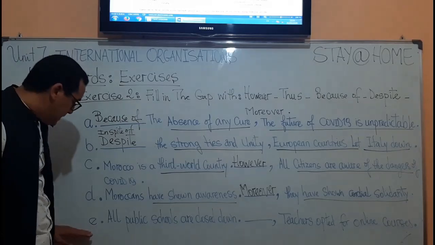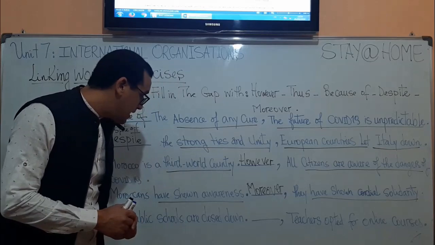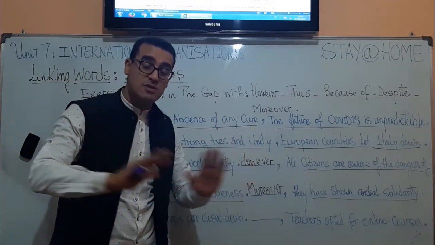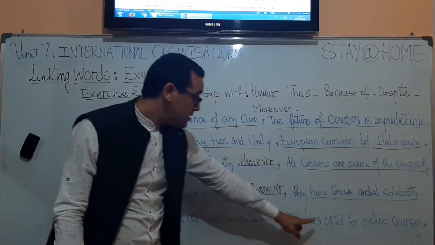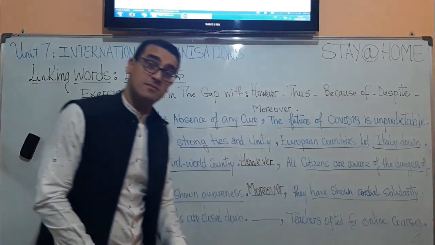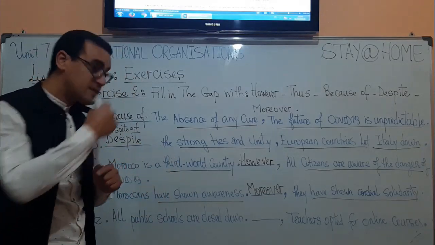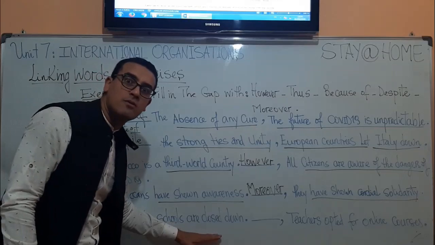Let's move on to E. All public schools, education in the public schools, they've all closed down. But teachers opted for online courses. So, what is the result or the consequence of this closure?